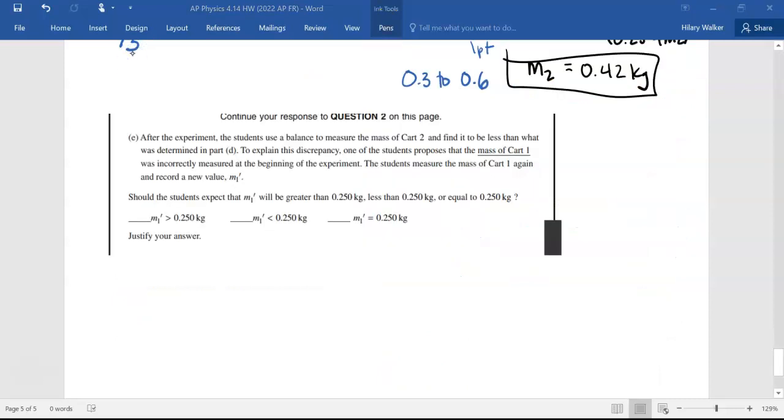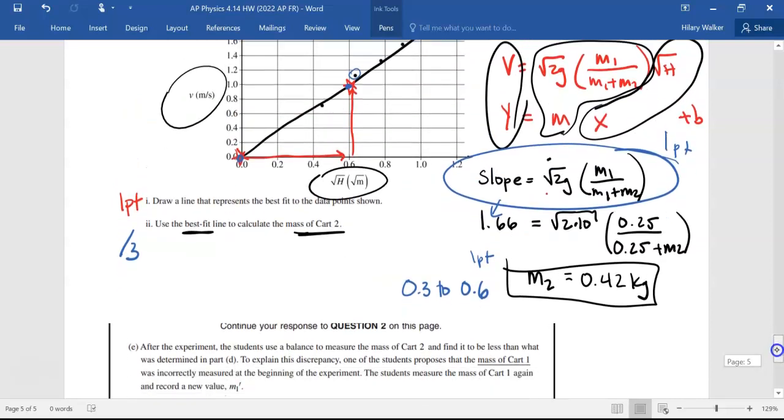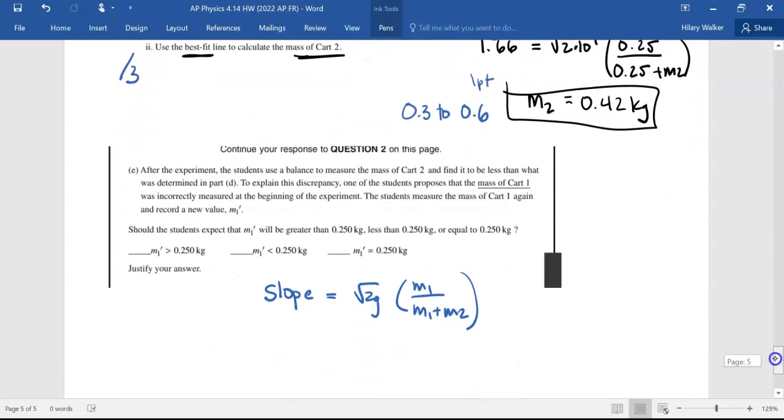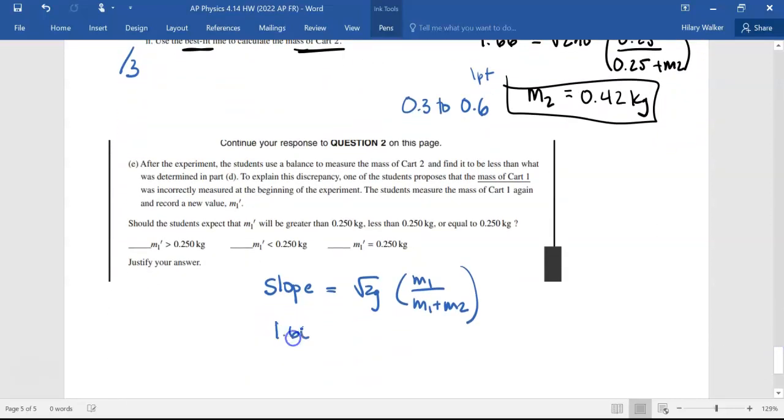Okay, so let's go ahead and just take our equation from the previous one to help us with part E. So we found that the slope is equal to square root of 2g times m1 over m1 plus m2. And again, I got for my slope it to be 1.66. You might have gotten a different one, so whatever slope you got. So 1.66 equals square root of 2g times m1 divided by m1 plus m2.